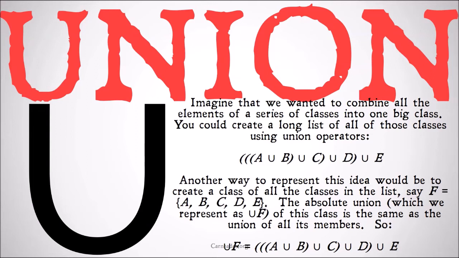Say F, the class F, equals, by definition, A, B, C, D, and E. Like just the class of those things. The absolute union of that new class, which we would represent as the union of F, is the same as the union of all its members. So the union of F is simply equal to the union of A, B, C, D, and E.